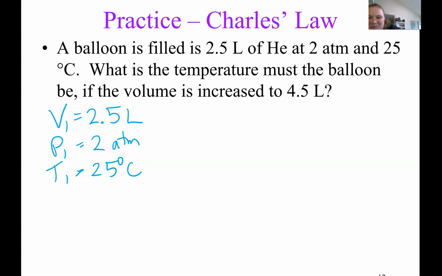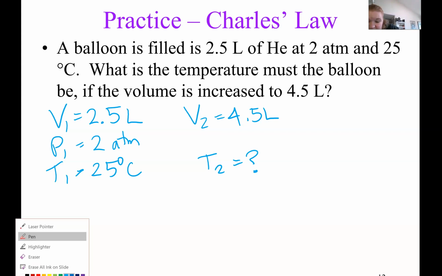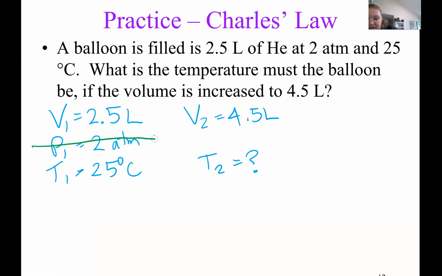What temperature must the balloon be if the volume is increased to 4.5 liters? So, a couple things. There's not any mention of a second pressure, so that was definitely extra information. My temperature is in Celsius, so I need to convert that. I'm going to add 273.15 to that.